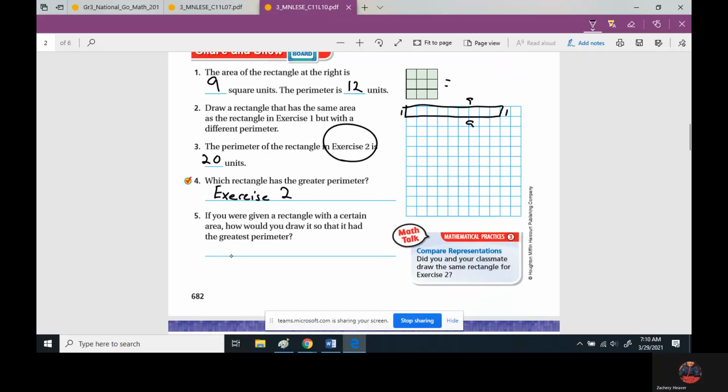We would use the factors that are far apart.